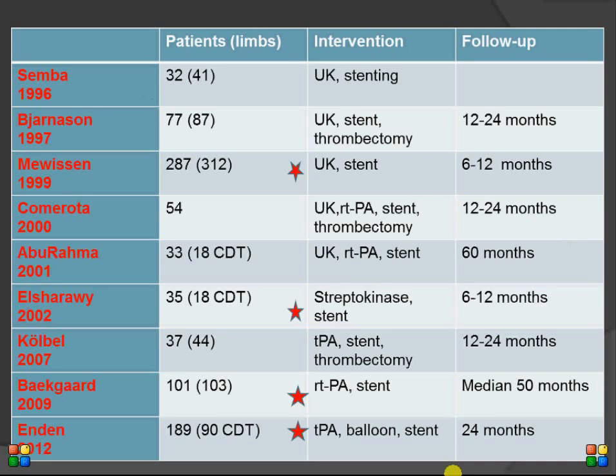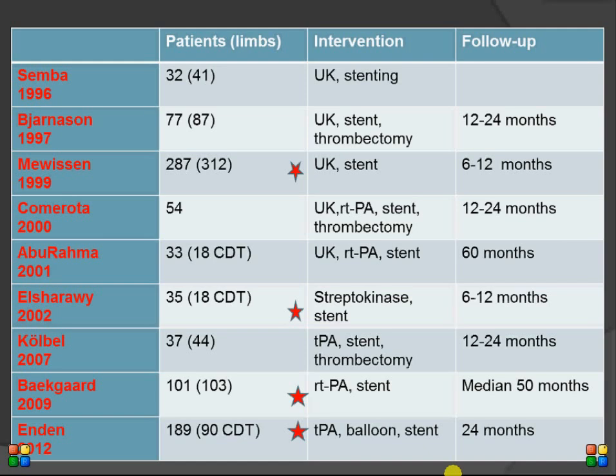I have listed here the most important papers in my mind, starting with SEMPA in '96. Bjarnesen is here today, and the very good paper from Mavision with a lot of patients gave us a lot of information, though short-term results, with stenting versus non-stenting.